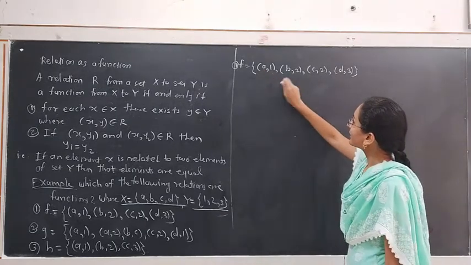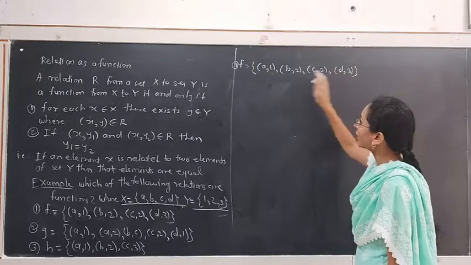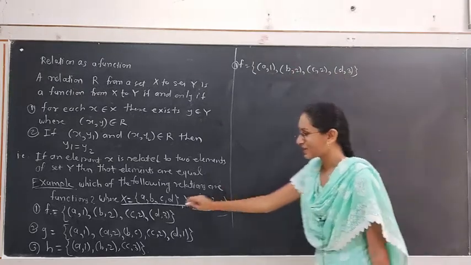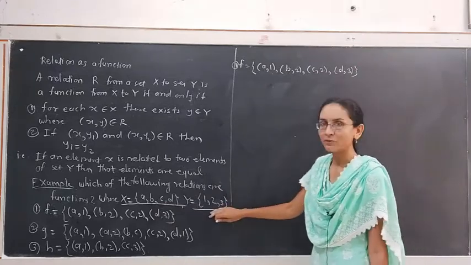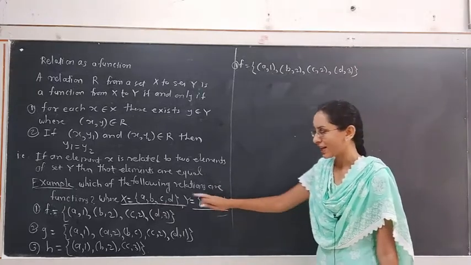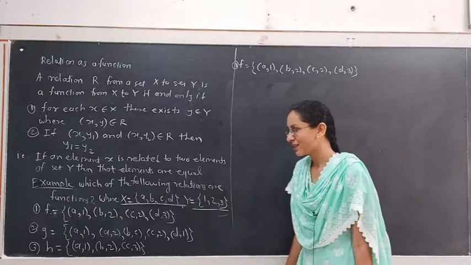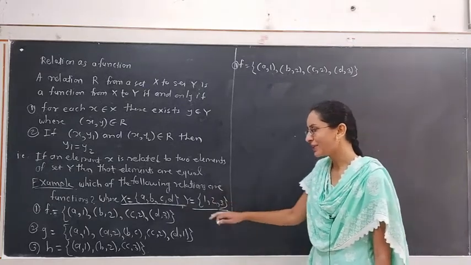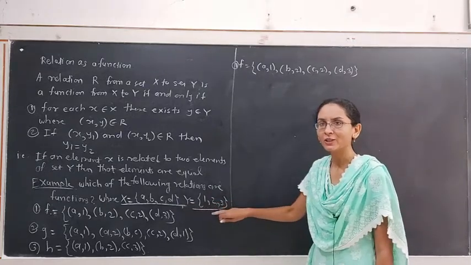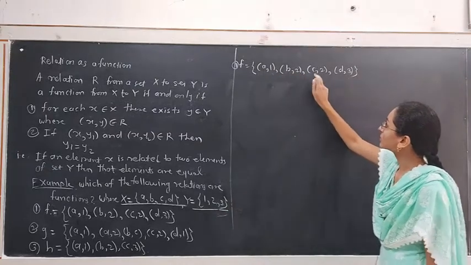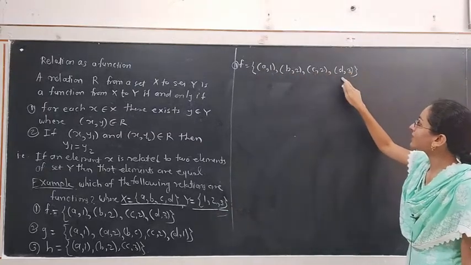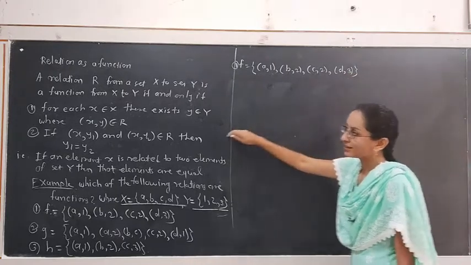See, elements a, b, c and d. All 4 elements of this set X are related to some elements of set Y, which are 1, 2 and 3. a is related to 1, b related to 2, c related to 2, and d related to 3. And the second condition is what?